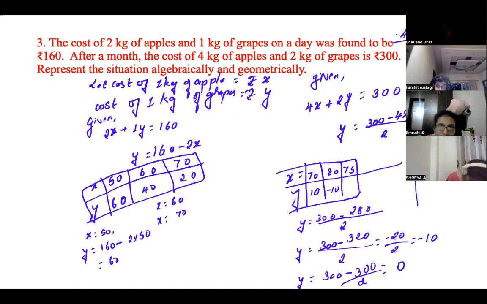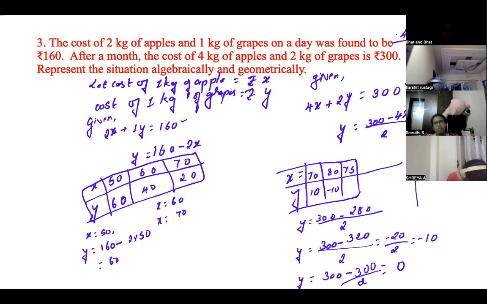A1 by A2 and B1 by B2. So what is A1? From this equation, you have to tell, children. What is A1? That is 2. And A2 from this equation is 4. B1 is 1 and B2 is 2. So you got 1 by 2, 1 by 2. They are equal. But what about C1 and C2? Is C1 by C2 also 1 by 2? You have to check.